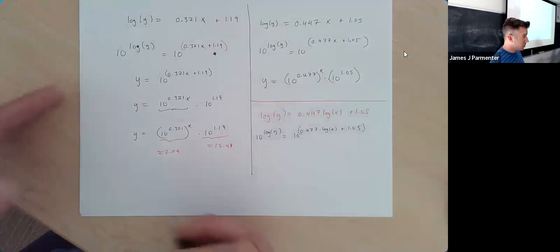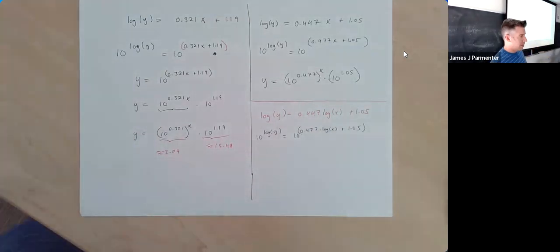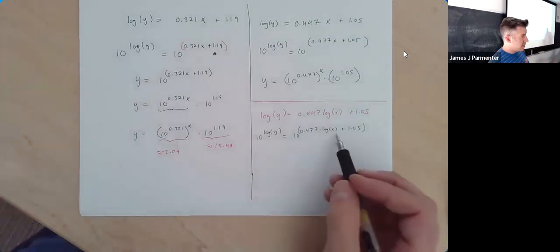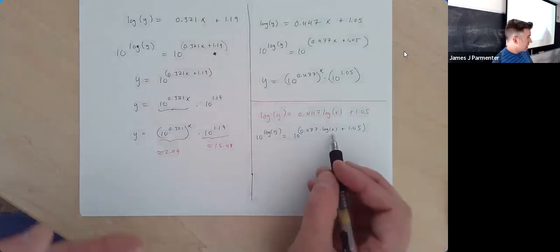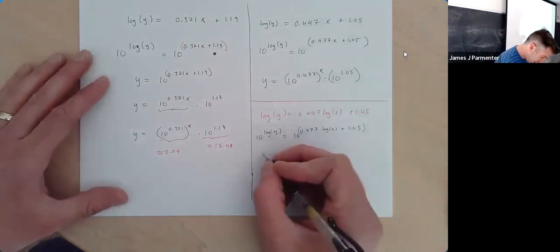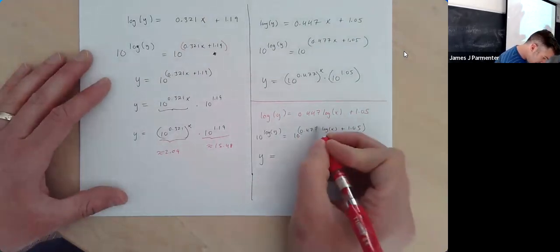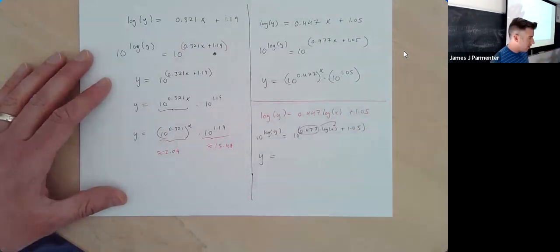And then I personally think we should simplify this because it's good to see the actual simplified relationship. Also, for this one, the question does specify your answer shouldn't have any logs in it. So this one here, we definitely need to get rid of the log. 10 to the log of y is just y. And here, I'm going to point out that this 0.477 can come up as the power of x on the logarithm.